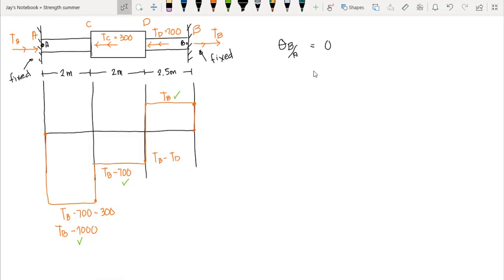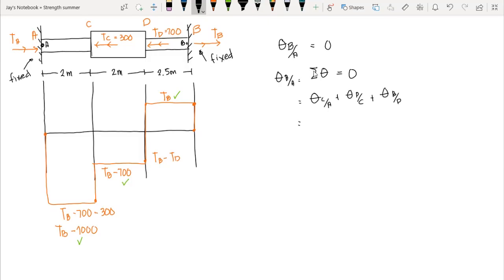So how do we compute the angle of B relative to A? That is basically the summation of all the angles of twist, equal to 0. So we have the angle of twist of C relative to A, plus the angle of twist of D relative to C, plus the angle of twist of B relative to D. Let's compute each angle.